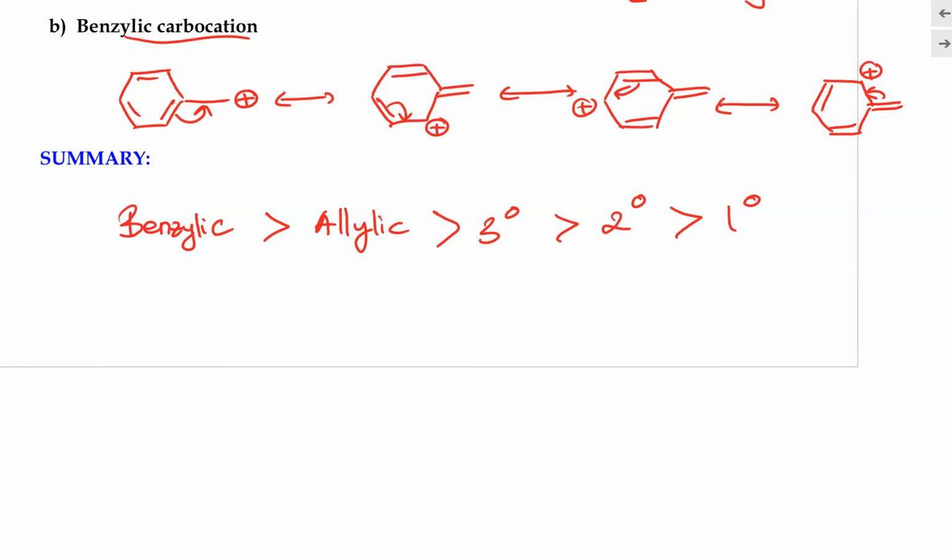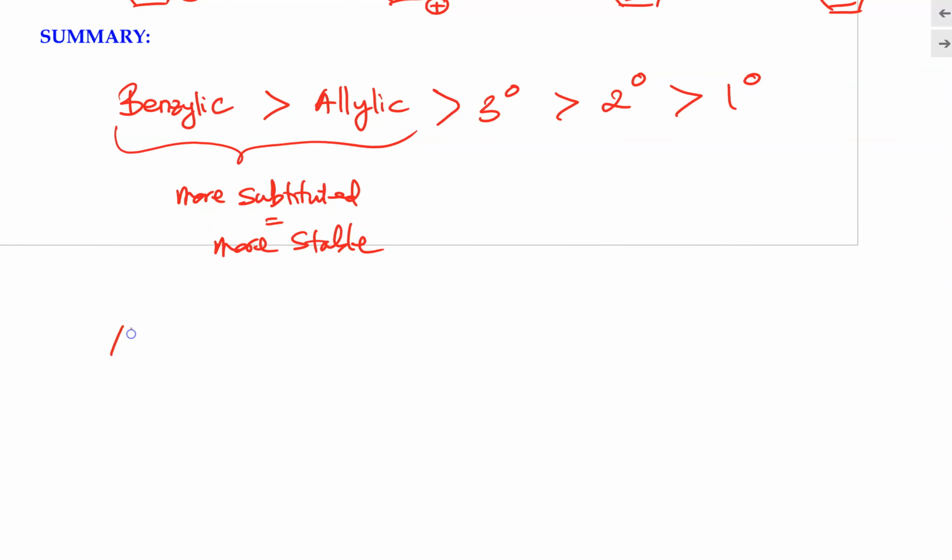Now, when it comes to the benzylic and allylic carbocations, these can further have substitution on them as well. The more substituted they are, the more stable they would be. For an example, a tertiary benzylic carbocation would be more stable compared to a less substituted, primary benzylic carbocation.